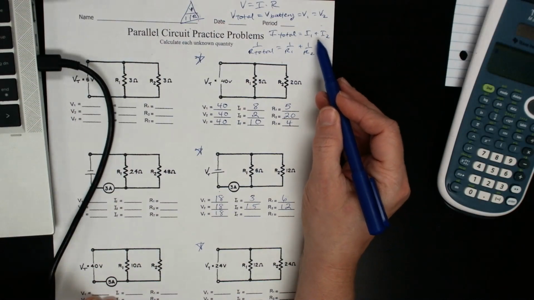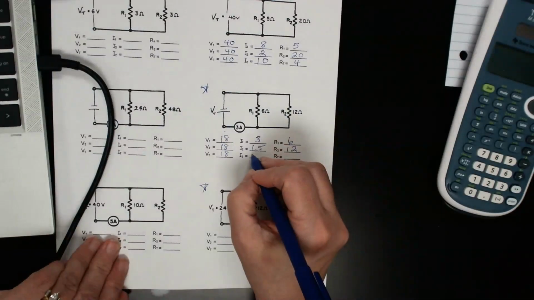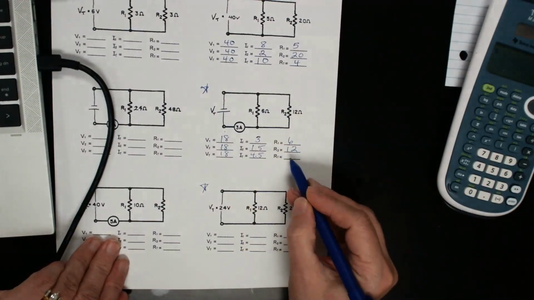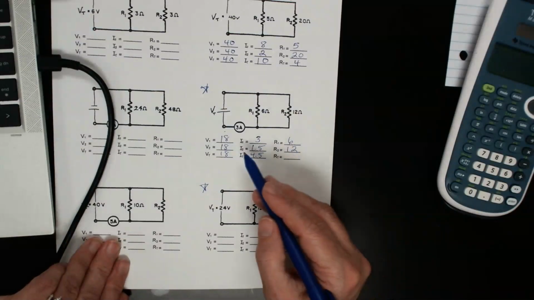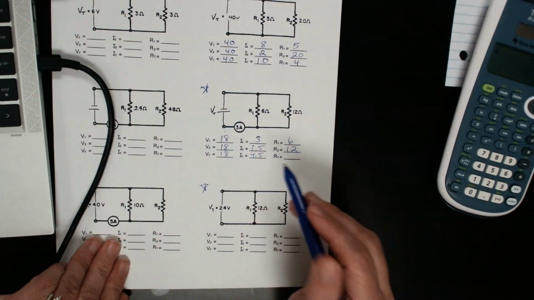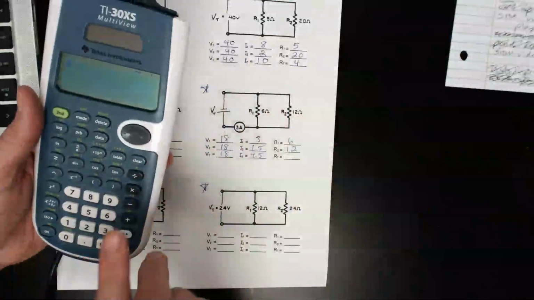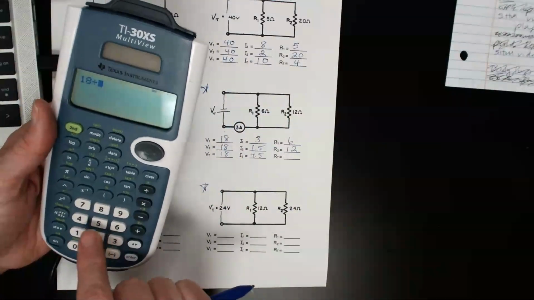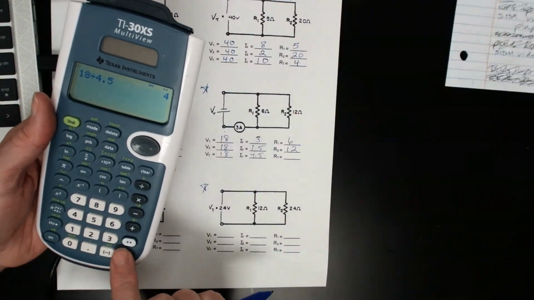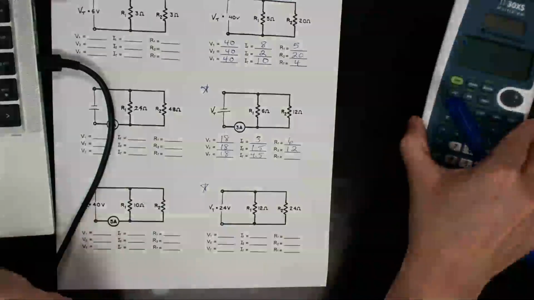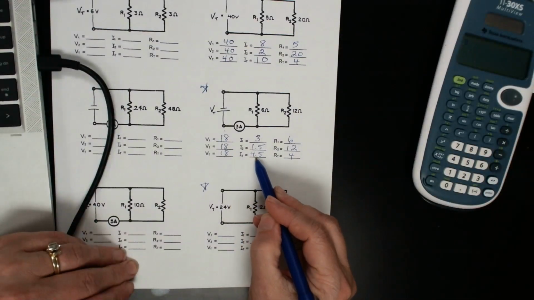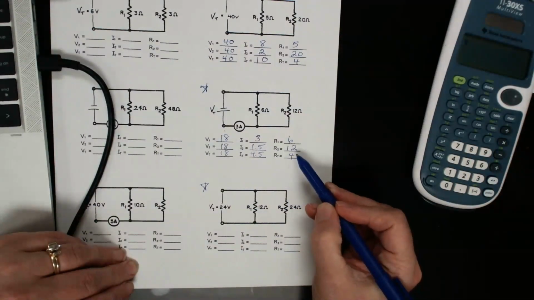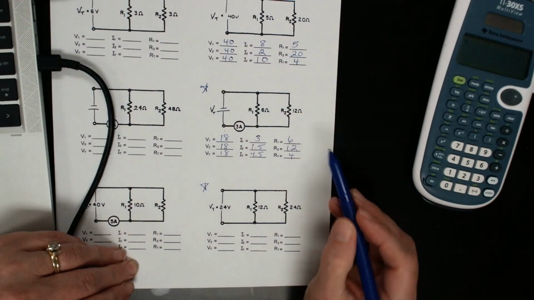My currents add. I get 4.5. And then that leaves me with my total resistance. Again, I can use Ohm's law. I don't have to use that other equation. So I would do 18 divided by 4.5 there. Again, I get 4, weird, because I am dividing voltage by current. Again, this value is less than these two.